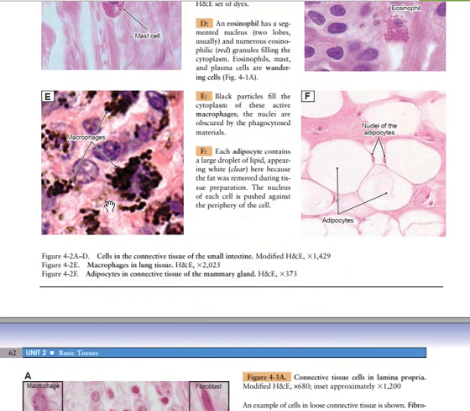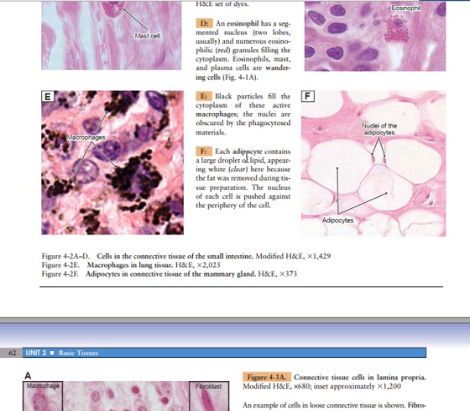Now macrophages. How do you distinguish macrophages? Macrophages have black particles inside. Because macrophages are mostly involved in phagocytosis, when you use hematoxylin and eosin stain, you may see black particles inside the cells. Now the next thing is adipocytes.